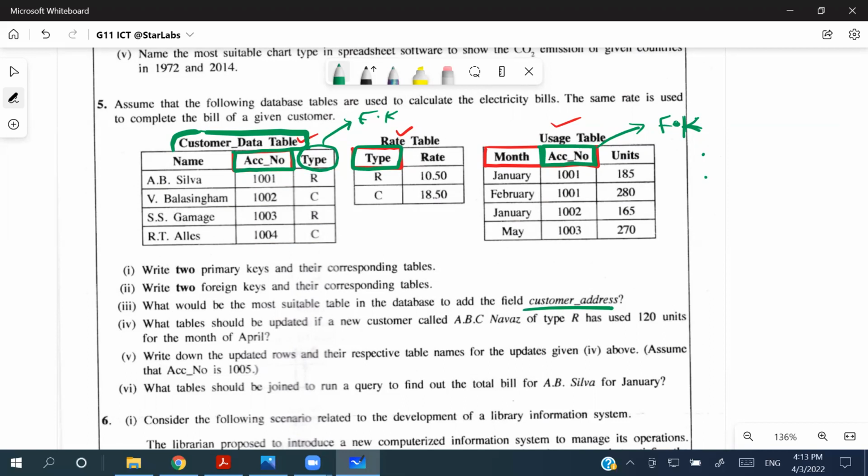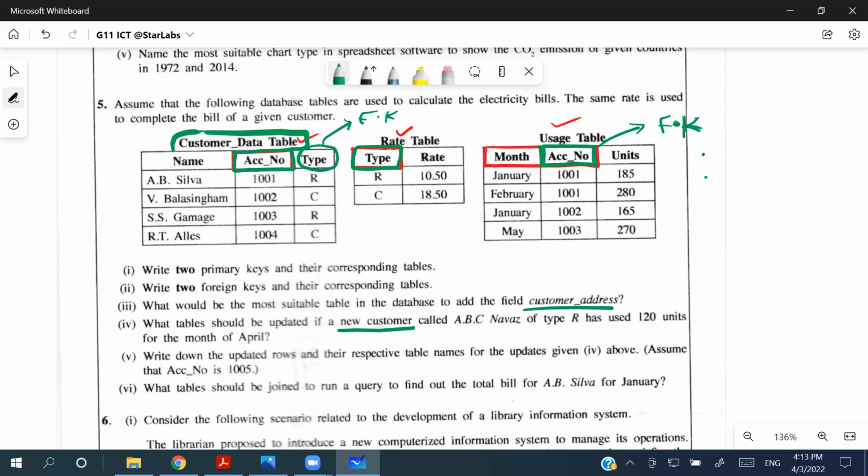And then it is asking what table should be updated if a new customer called ABC Navas of type R has used 120 units for the month of April. So it's a new customer, first thing. That means definitely the customer data table should be updated. And his type is R, has used 120 units.